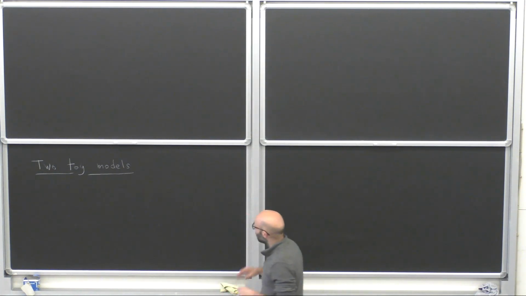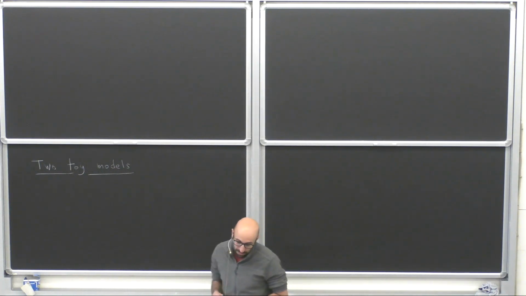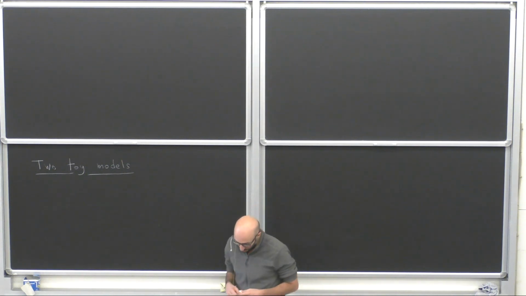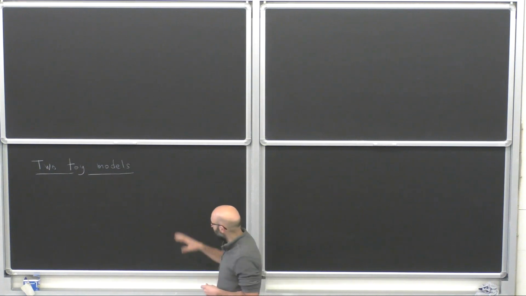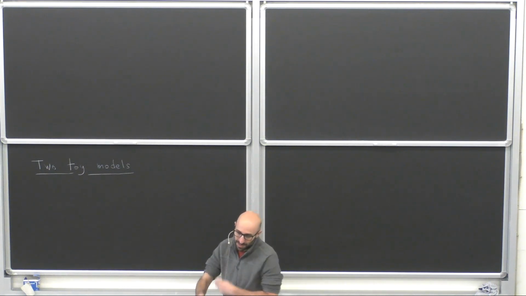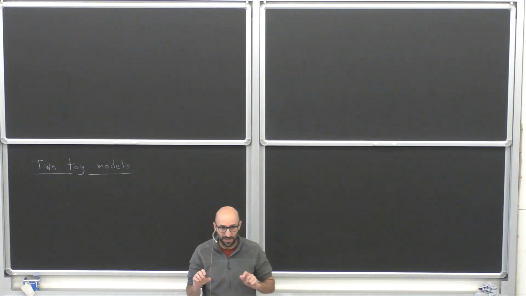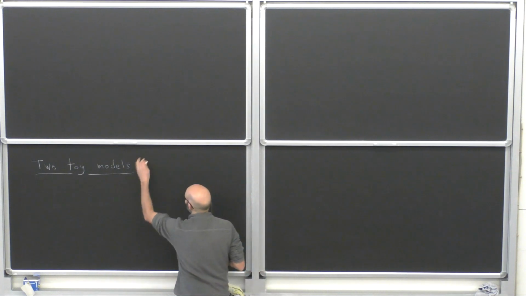So these are really the basic, the two most basic models that you start studying when you want to understand this kind of physics. And I will introduce them. The reason I have to consider two is that they contain different ingredients.